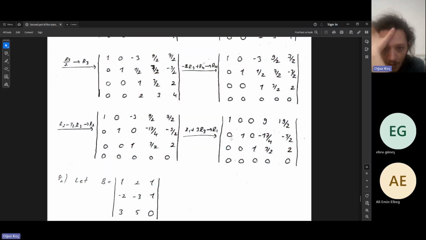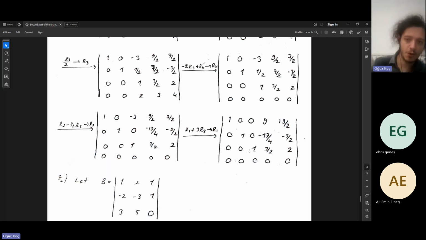And then we want to create a triangular shape here. And the last row can consist of zeros. It doesn't matter. But for the leading ones, the other values in their columns have to be 0 here. The rest is not necessarily different, it doesn't have to be 0. We're just looking at those values for the leading values.